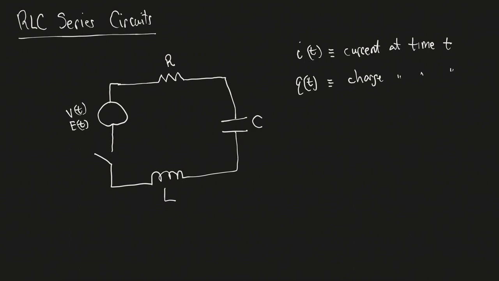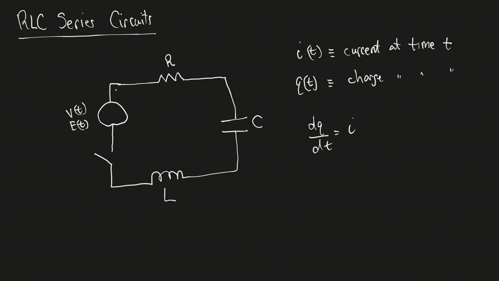And when we looked at the RC circuits, we were exposed to the relationship between the charge and the current. So the standard relationship is this: the derivative of charge, that's your current. So the rate of change of charge is equivalent to your current, right?